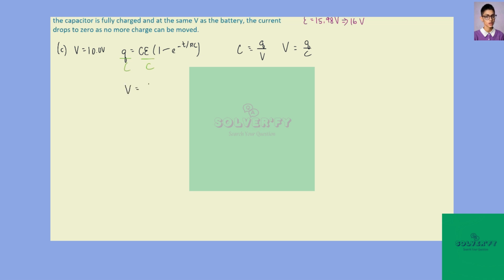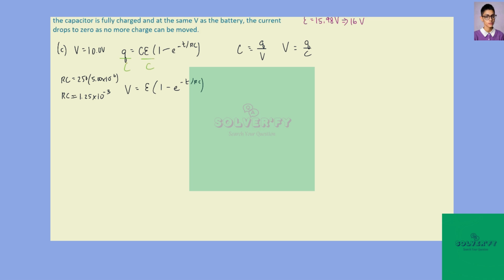So my voltage is going to be equal to the EMF of the battery times the quantity, 1 minus E to the minus T over RC. We're going to need to calculate, well, what is RC? That's going to be my 250 ohms times my 5 times 10 to the negative 6 farads. And I get RC to be 1.25 times 10 to the minus third.